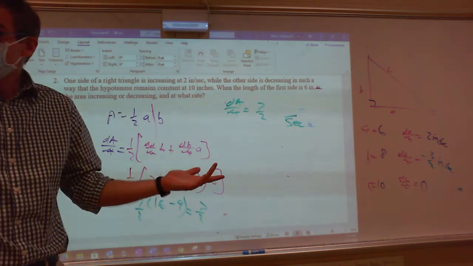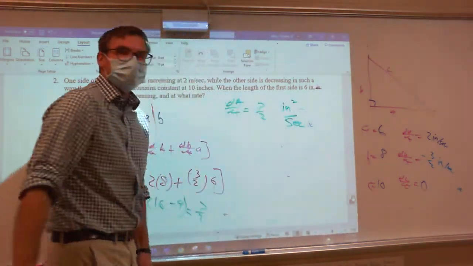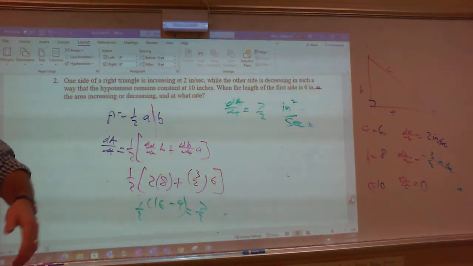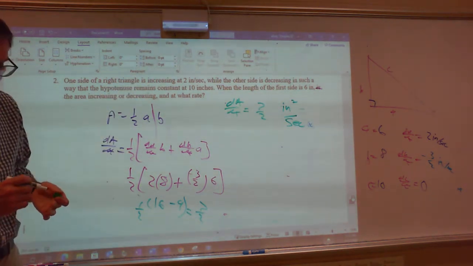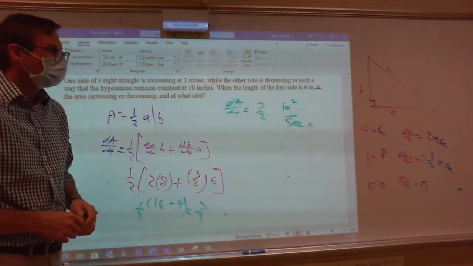This is the rate that area is changing, so our unit is square inches per second. Is the area increasing or decreasing? Increasing. How do I know it's increasing? Because you have a positive number, right?